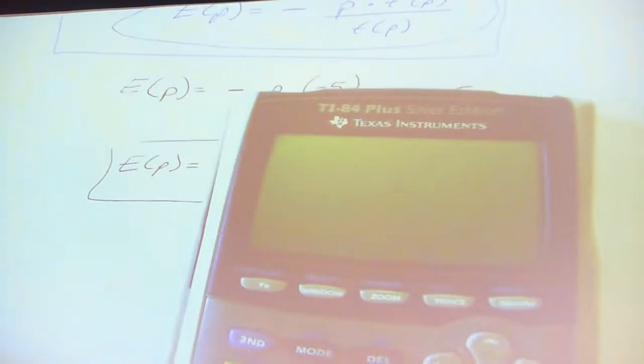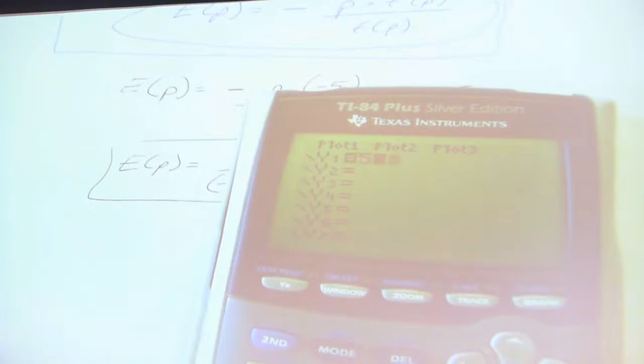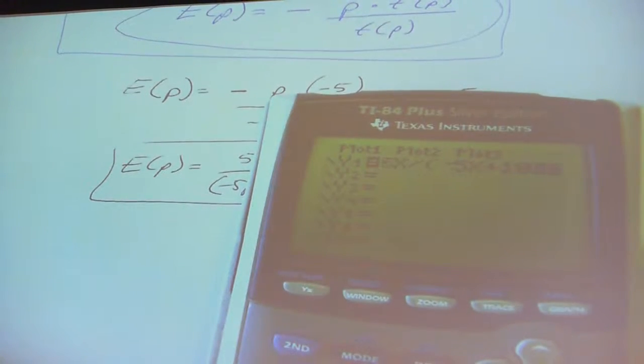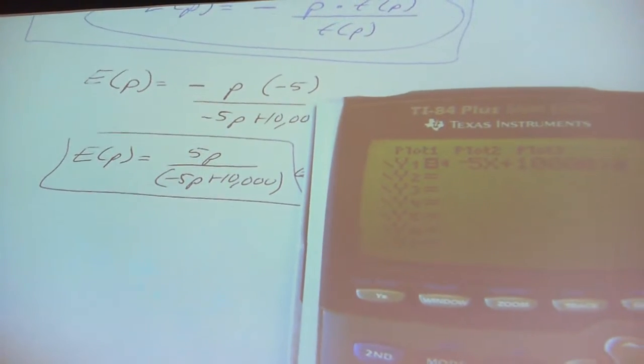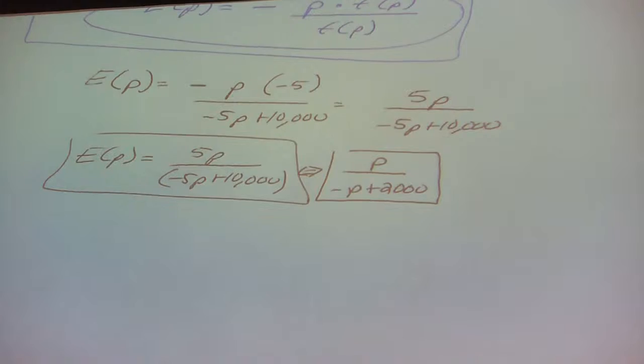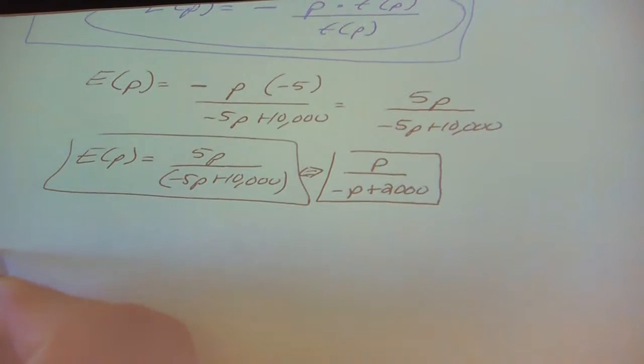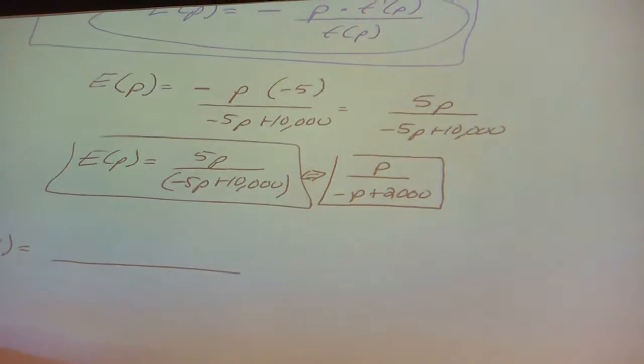So in Y1, we have 5x divided by negative 5x plus 10,000. That parenthesis does matter. Make sure that's in Y1, and then we're going to plug in these 4 prices.